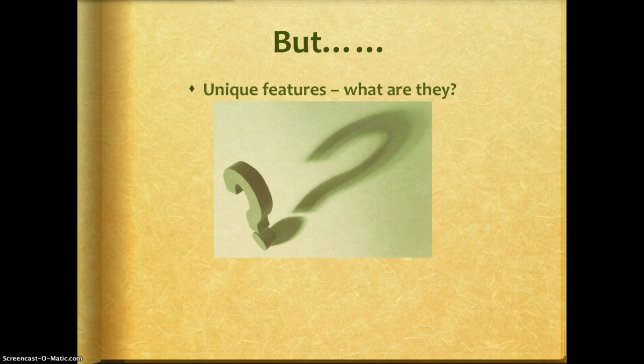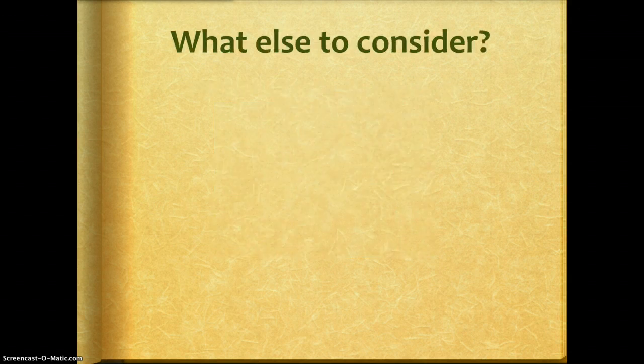Maybe you visualize the bold features such as vocabulary words or important terms. Maybe it's the questions at the end or other resources like links. So, what else is there to consider?